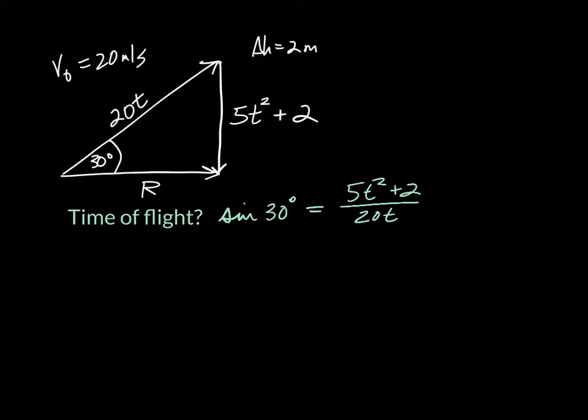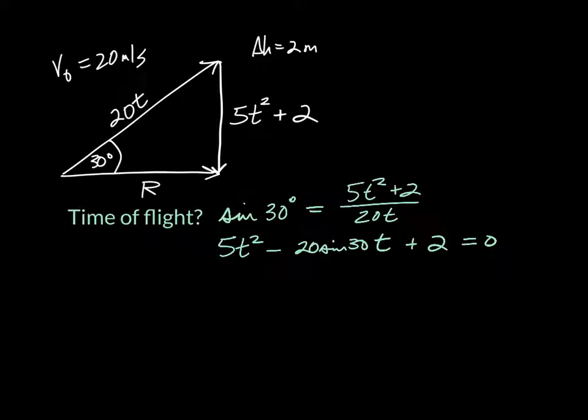So that means I'm going to have a 5t squared minus 20 sine 30 times t, this is building a quadratic, plus 2 would equal 0. So that just comes from flattening that out.